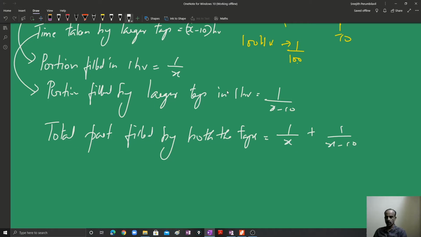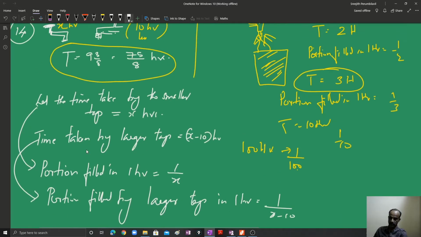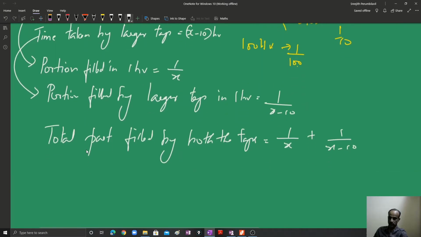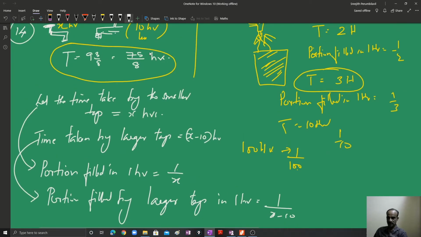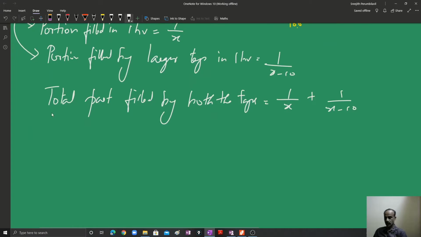One question: what is the time taken by both the taps? It was given here, 75 by 8.